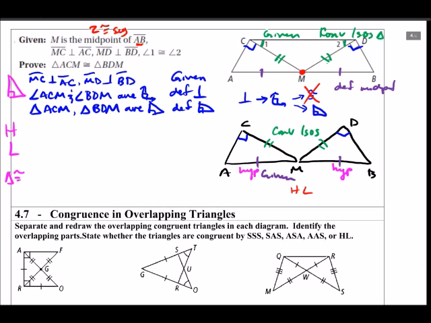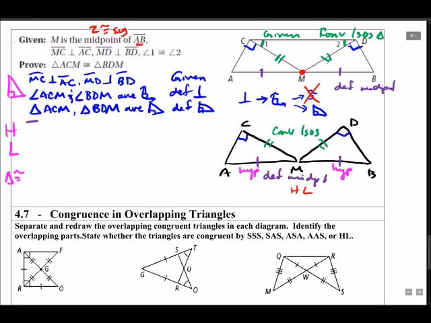Now I need congruent hypotenuses. Where do those come from? Well, that is segment no, that's not given. Where did the purple ones come from? Purple ones up here. Definition of midpoint.